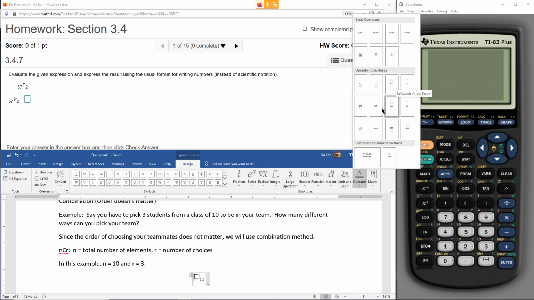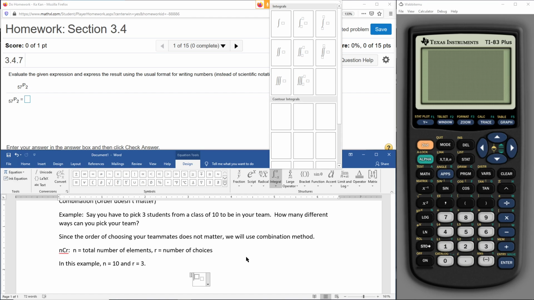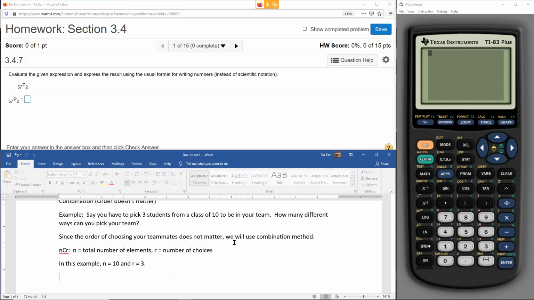It's of course a lot easier to write it out. It doesn't matter anyway. So we'll just write 10C3. Basically, we have 10 people, and you choose 3.